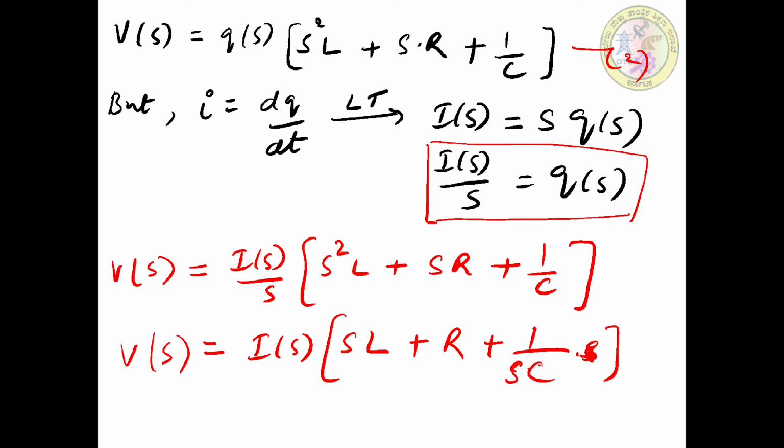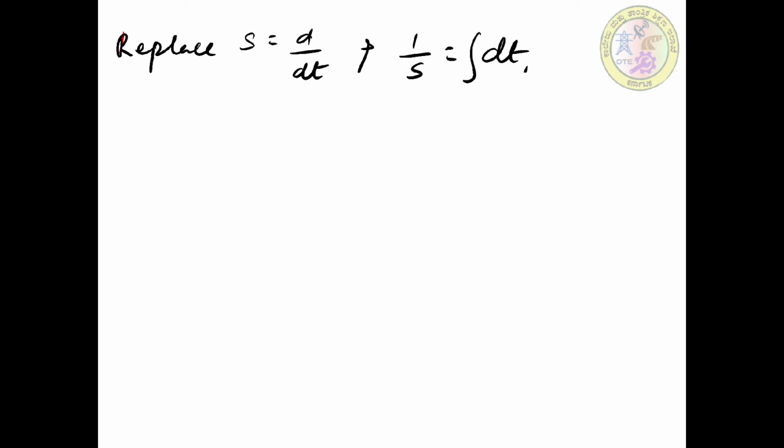Okay, so therefore now in order to apply ILT for equation 3, we are going to replace s as d by dt and 1 by s by integral of dt.